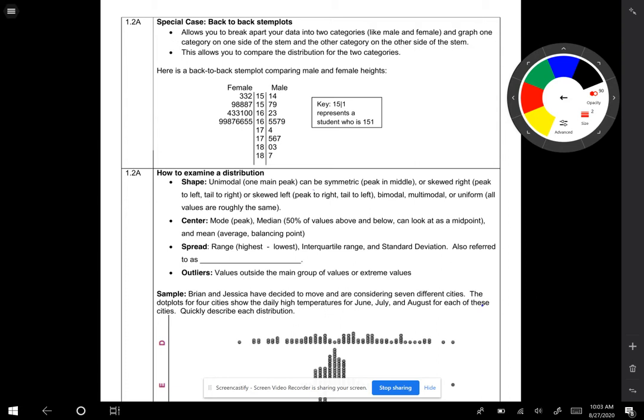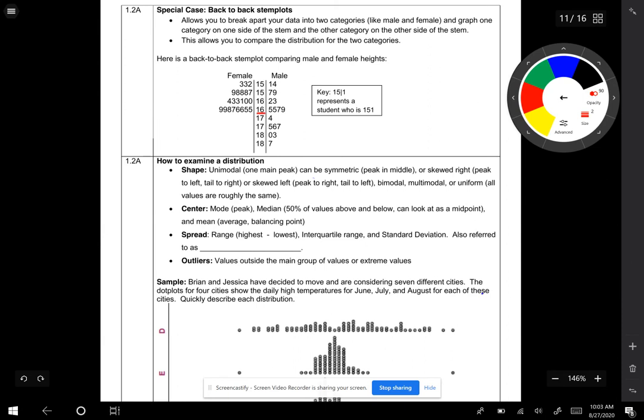We already know how to read the right side. How do you read the left side? Let's just take 16 as our stem, for example. So you would read that first height as 165, then 165, 166, and so on.